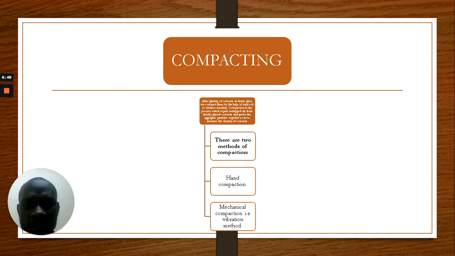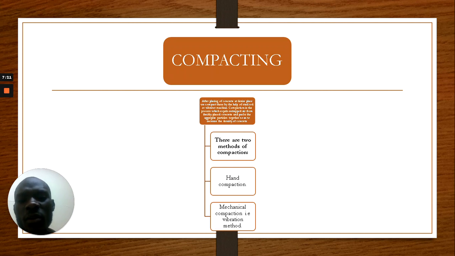Compacting is the process which expels out trapped air from freshly placed concrete. So the process where air is dragged out of concrete is called compaction, and is done to increase the strength of concrete. So after placing concrete at the desired place, we compact by the help of steel rod or vibrator machine.